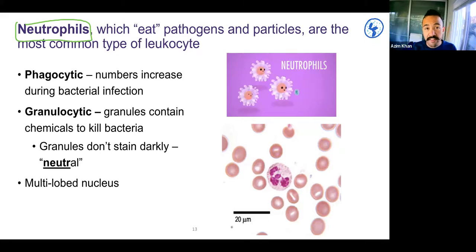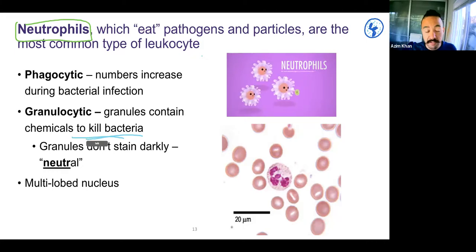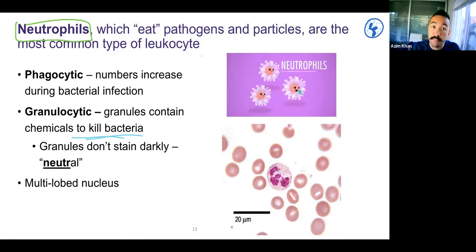Granules, in this case, are clusters of chemicals stored in the cytosol of these cells. And these chemicals, in this case, are used for killing bacteria. So these cells, neutrophils, can release chemicals to kill bacteria.